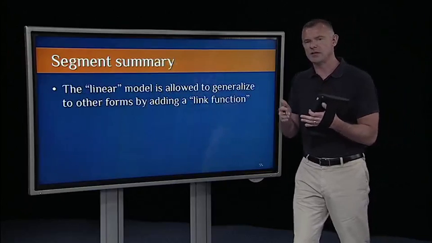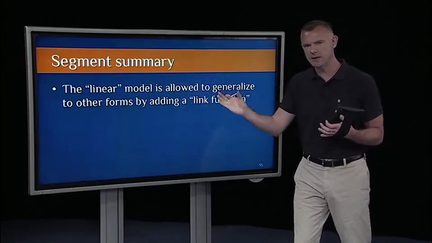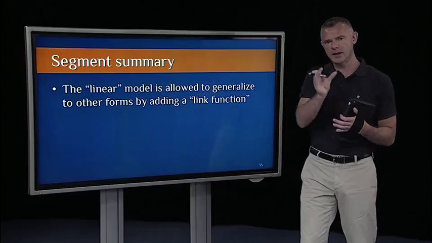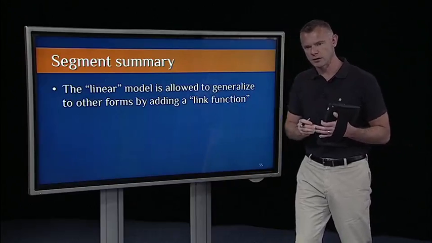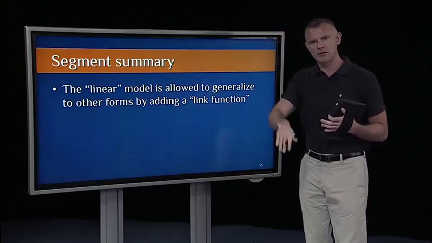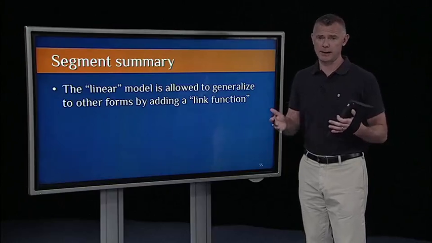The key to the generalized linear model is that it applies this link function to the left-hand side of the regression equation, and that link function varies depending on what kind of nonlinear relationship you want to test in your model.